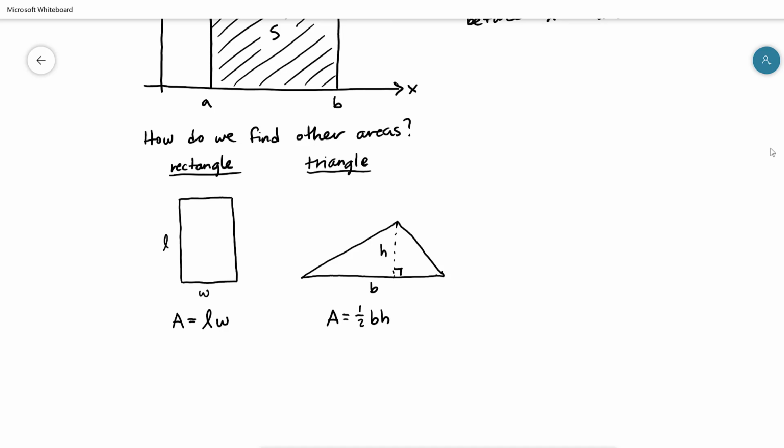And you can get this by basically chopping this triangle up into weird ways and turning it into a rectangle. So basically you can kind of break it up into various pieces. I'm not going to focus on that here. One other shape that might be useful is a trapezoid. And our trapezoid shape will look something like this.